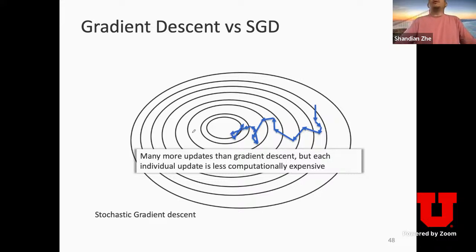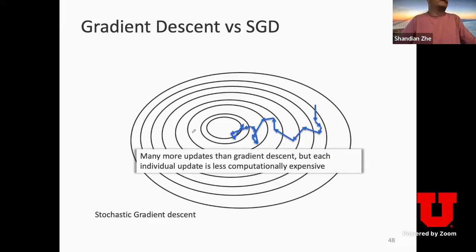This is the typical behavior of stochastic gradient descent. The updates look quite wild and messy, but there's a strong theory telling us that you're going to eventually find the function minimum as well.